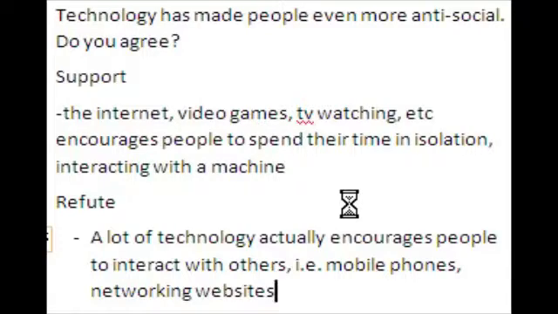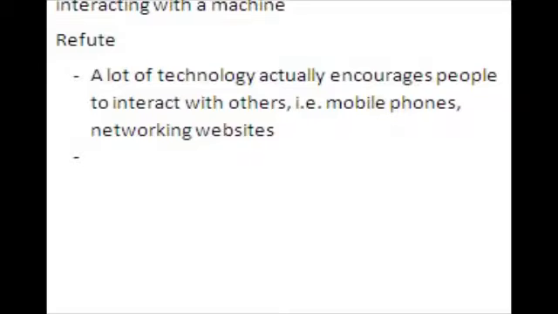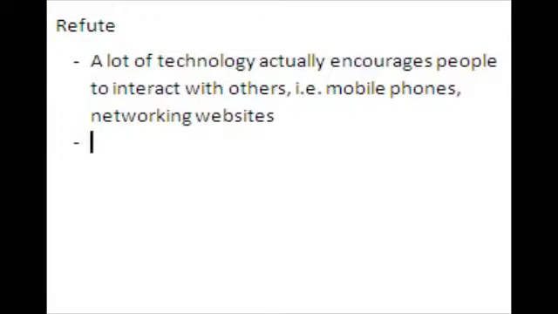Now, another side that could help us support a refute statement would be perhaps that technology has not made people less able to communicate with others, but that they're communicating in different ways. Something that is not a traditional means of communication, for example face-to-face, is a new way to communicate with people. So perhaps people are not more antisocial, they are just communicating in different ways.